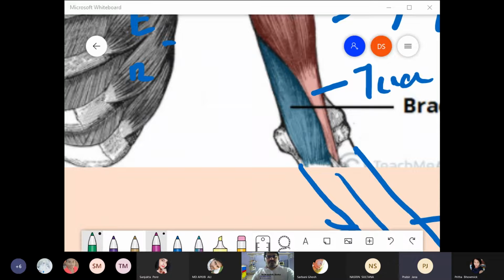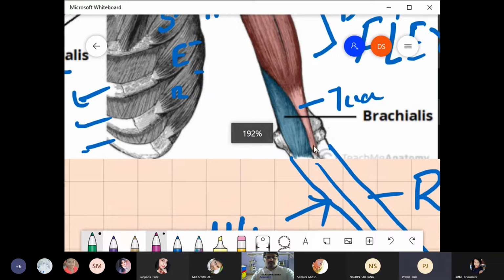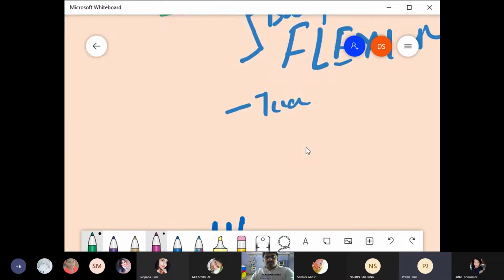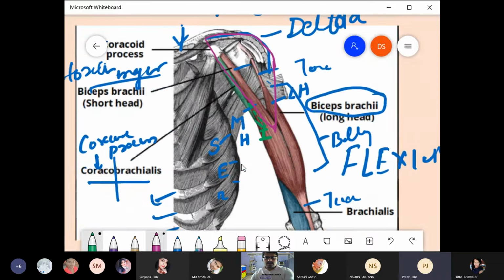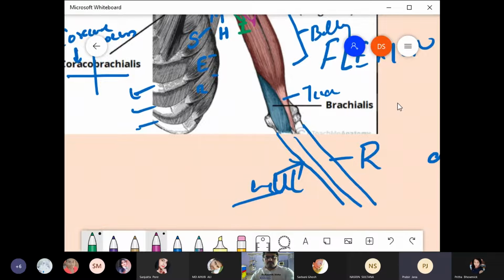The biceps brachii inserts into the radius bone, into the radial tuberosity, and the brachialis, the muscle that I am showing here, is inserted into the ulnar side. So this should be the ulna that I've already said before. So out here is the ulnar tuberosity.